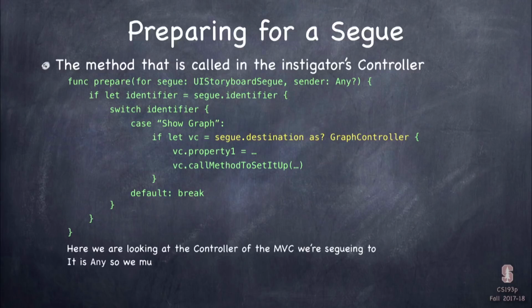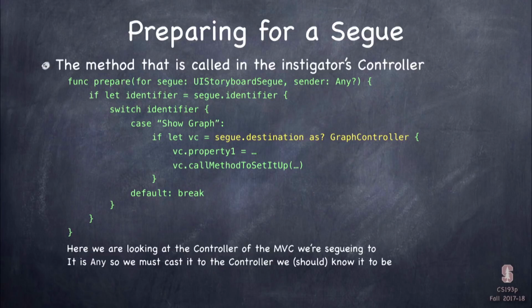Then we need to get the MVC that we are segueing to and prepare it. Well, segue.destination, that var destination in the segue object that's passed to you, is the view controller that you're segueing to, the brand new, just created MVC. But the type of that argument is not going to be a graph controller or something like that.